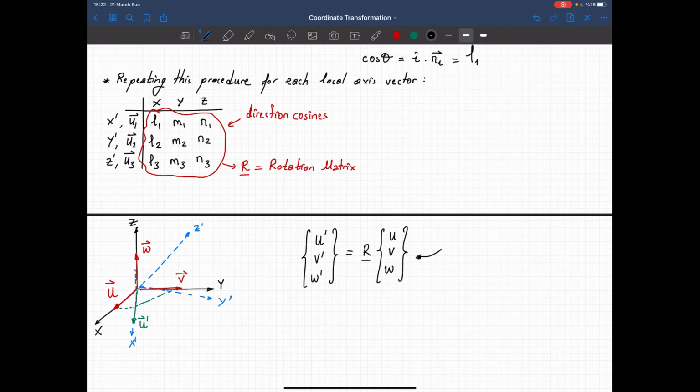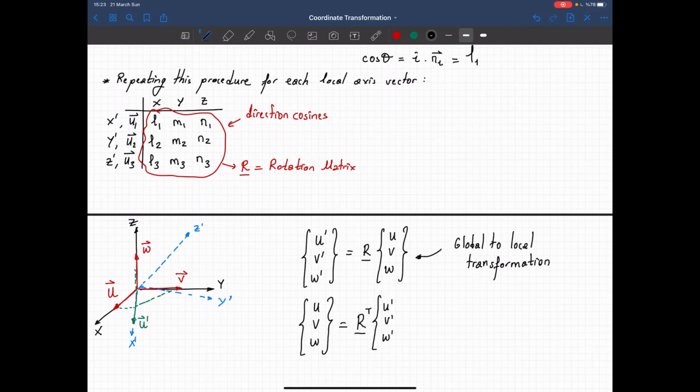So this matrix is a global to local transformation matrix. If you want to reverse the direction and do a local to global transformation, you have to multiply both sides by the inverse of R. Again, this R is also an orthonormal matrix, so its inverse is equal to its transpose. And the local to global transformation can be done as follows.